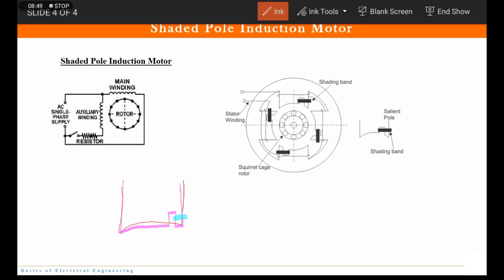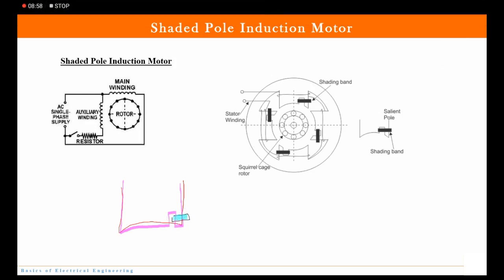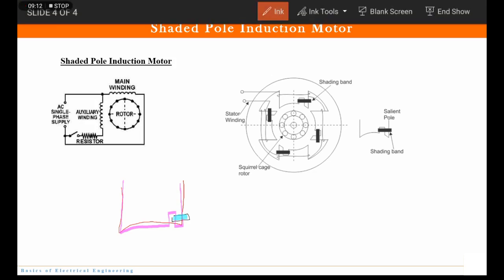I hope you understood this. So see, this is the copper ring, that is called the shading band. And we have the stator winding. It is the same as a squirrel cage rotor, so you have a squirrel cage rotor inside it. This is drawn exclusively for our better understanding.